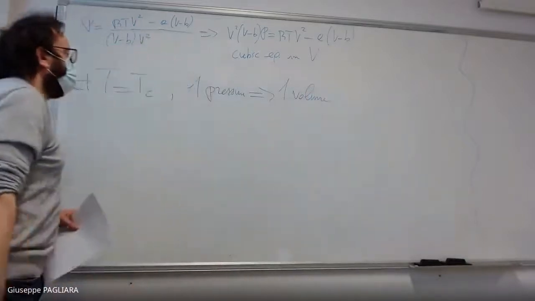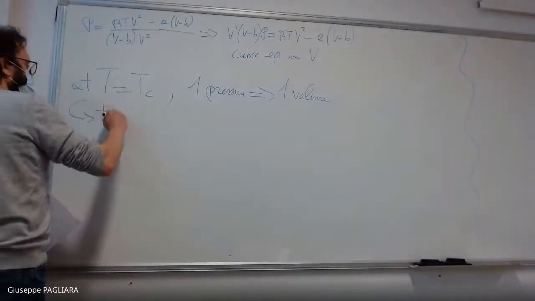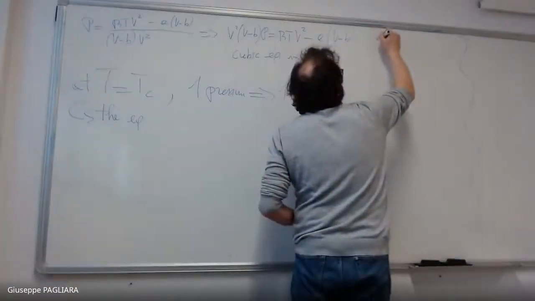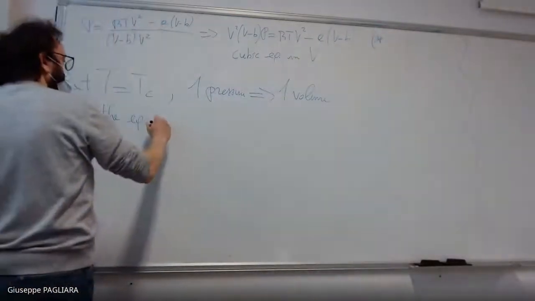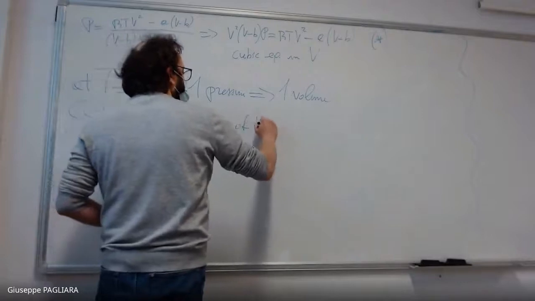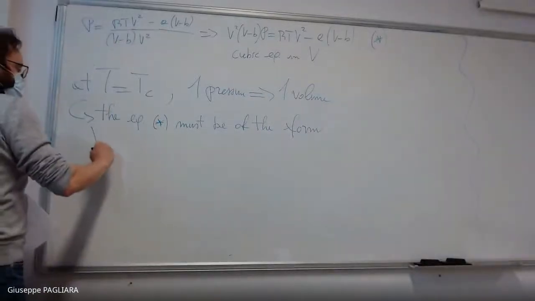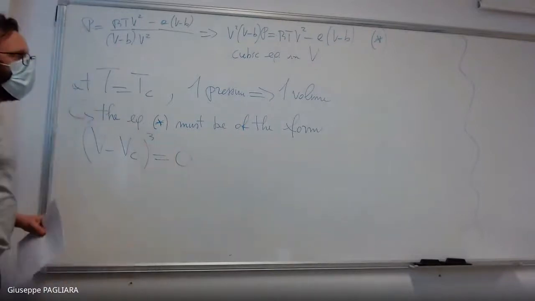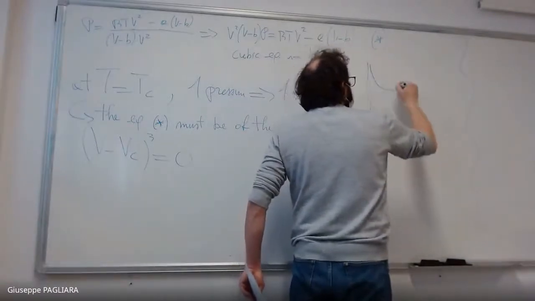Therefore, at this condition, the equation, let's say asterisk here, must be of the form V minus Vc cubed equal to 0, where, let me draw again the line that we are considering, which is the critical line.